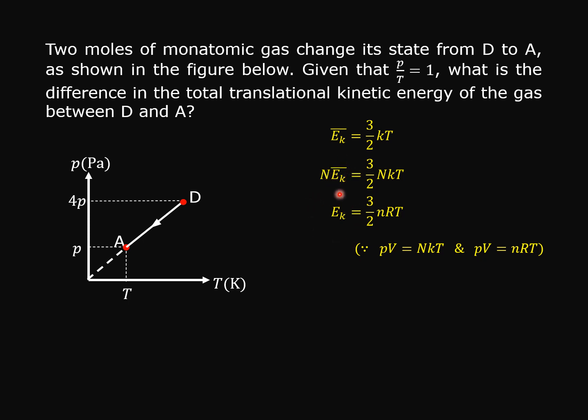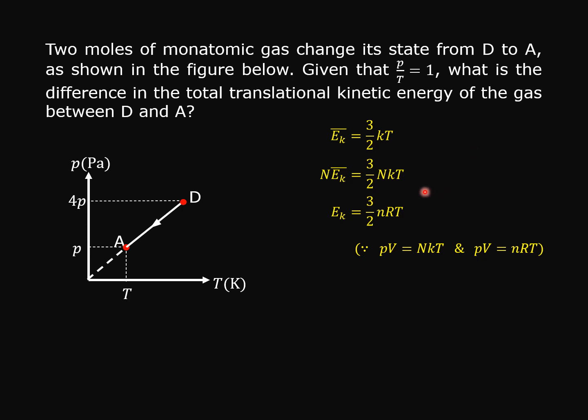This one is the total quantity. At the right-hand side, NkT, we now change to nRT. The reason is that the information of capital N is not given by the question. But of course, since we know the number of moles is 2 for the gas that we consider, we can also find N if we want.